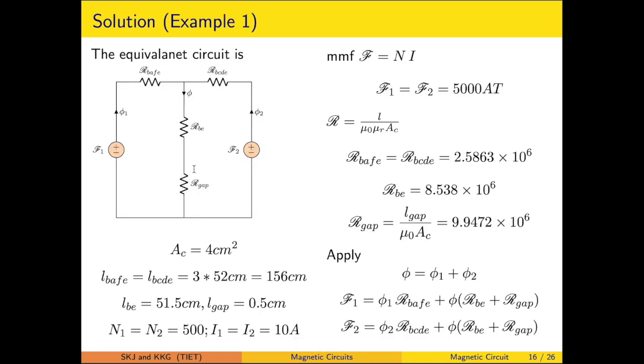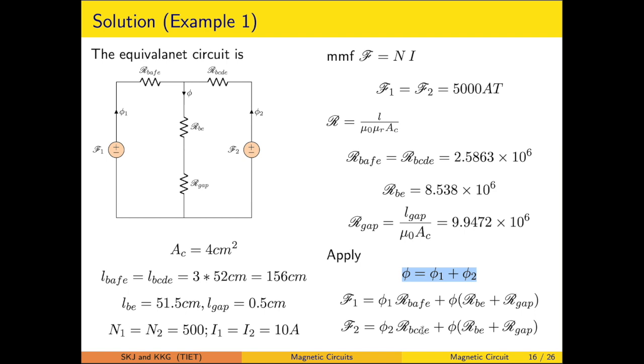So this is the equivalent circuit. With the help of the available dimension data, the area of cross section, various lengths, number of turns in the winding, and the current, we can calculate the MMFs F1 and F2 and various reluctances. When we apply KCL, we get phi is equal to phi 1 plus phi 2, and KVL likewise.